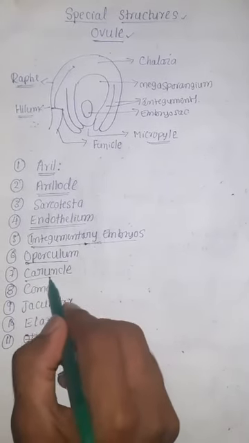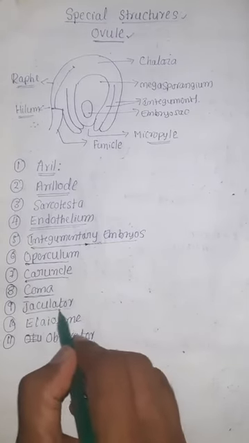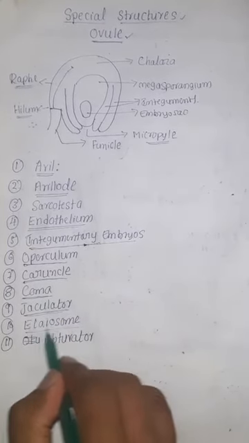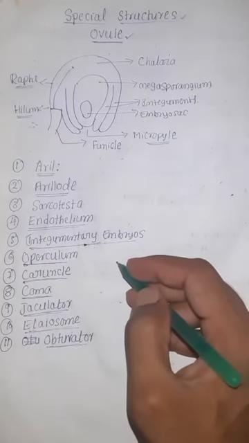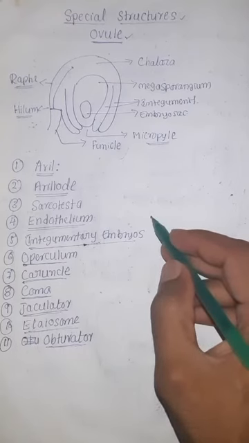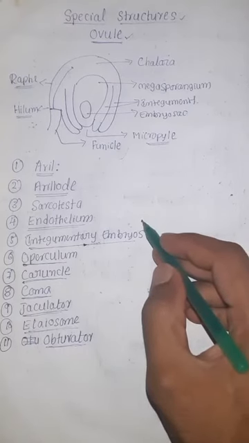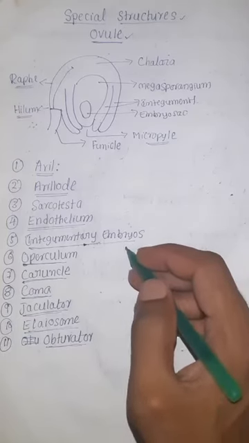These are something like abnormalities. These are not found in all plants. They are found in some special types of plants. That we will see one by one.